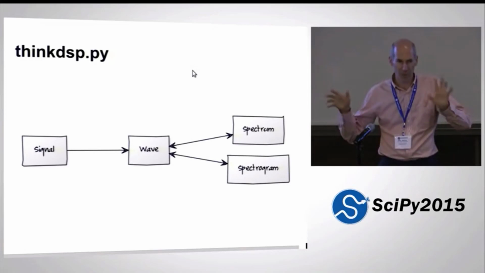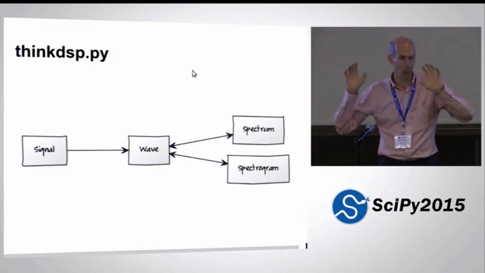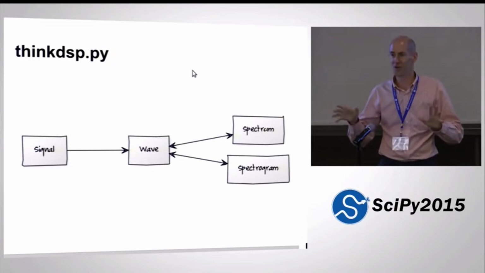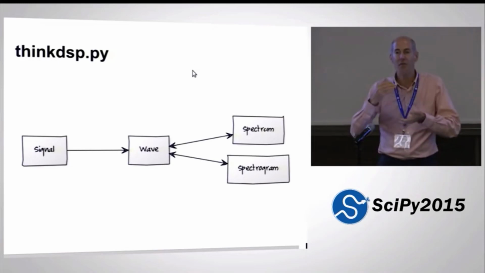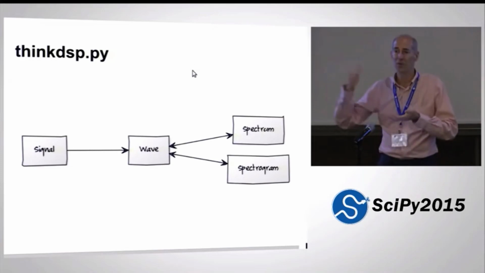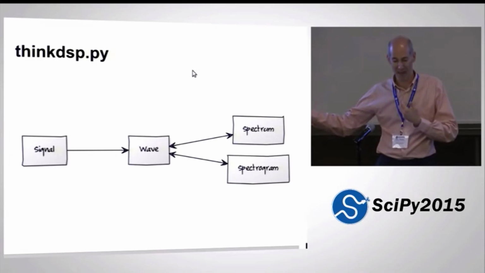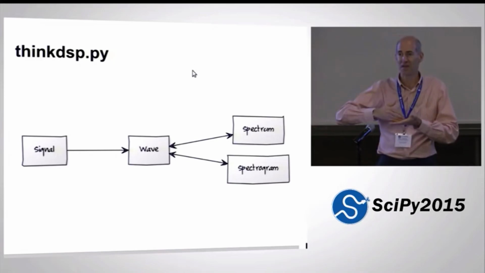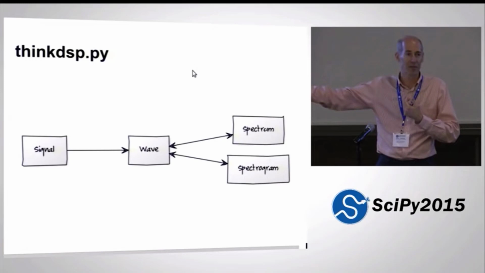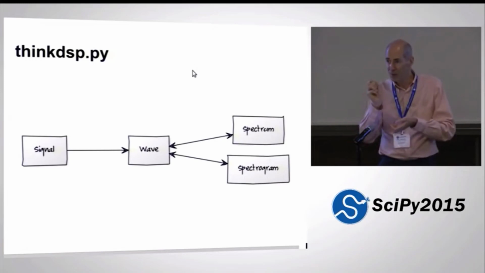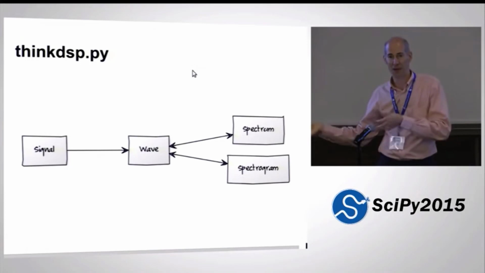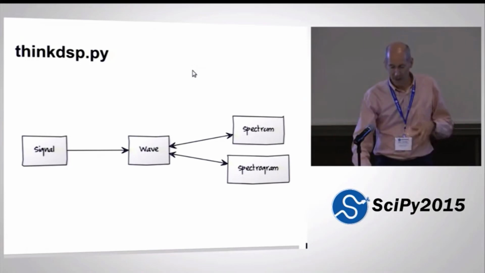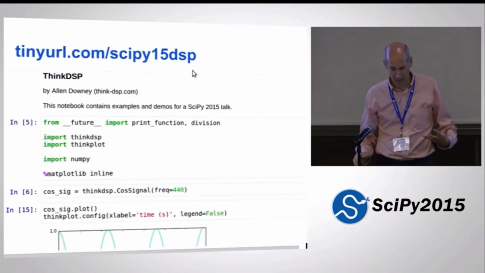I'm kind of abusing the vocabulary just a little bit, but I'm calling a wave a discrete version of a signal. Once you've got a wave, you can go back and forth between the time domain and the frequency domain. So when you take the FFT of a wave, you get its spectrum. If you break a wave up into a bunch of little pieces and take an FFT of the pieces, you get a spectrogram. And you can go back and forth. So that's what the framework looks like.